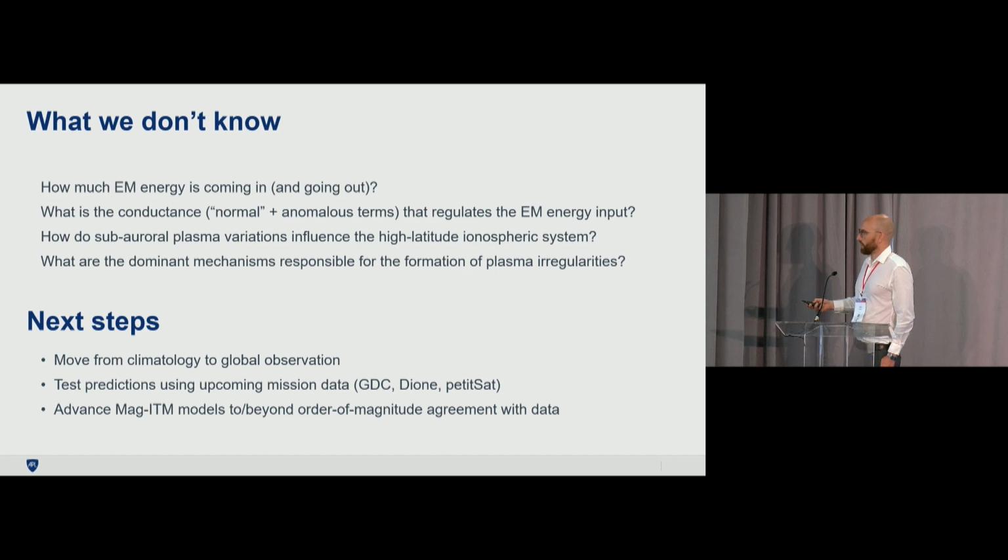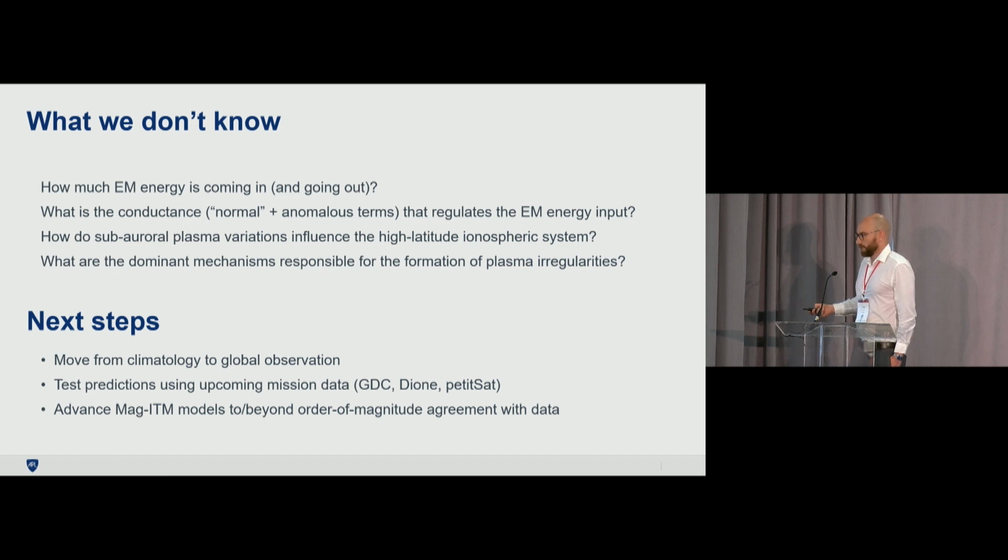How does the subauroral plasma, where we've seen strange phenomena like the SAPs, influence what's happening at high latitudes? And what are the dominant mechanisms that generate irregularities as a result of this? I think we're getting to the point where we're starting to move from a climatology to actually seeing instantaneous results that match, though only in localized areas.